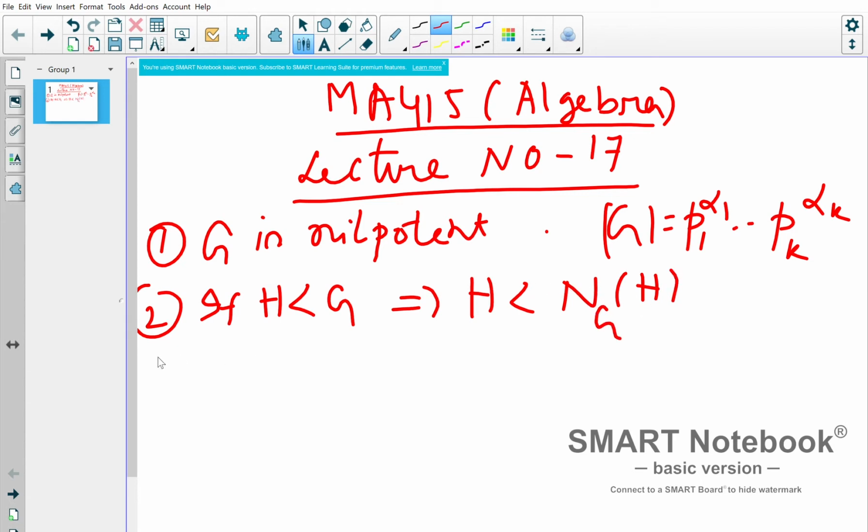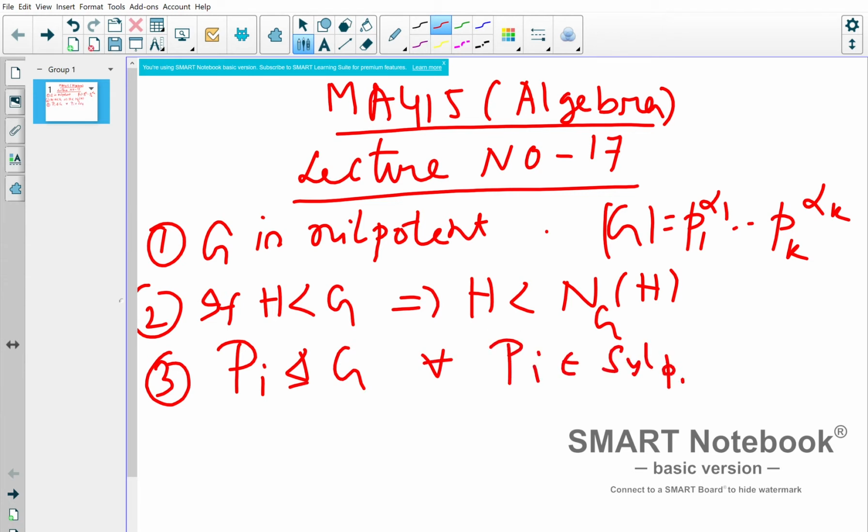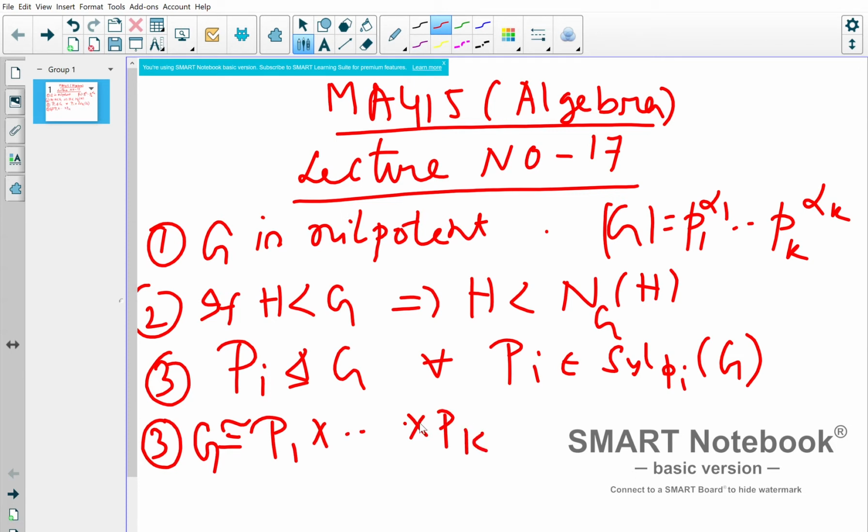And then every Sylow subgroup is a normal subgroup of G, for all Pi dividing the order of G. And then G can be written as the direct product of P1, P2, up to Pk. And then 4, they're all equivalent.